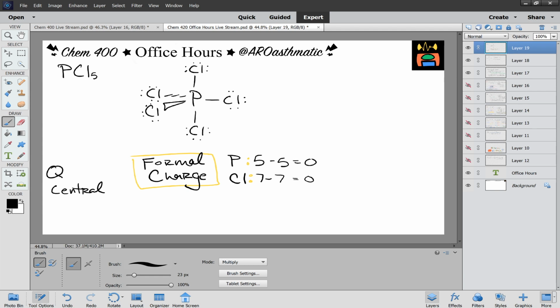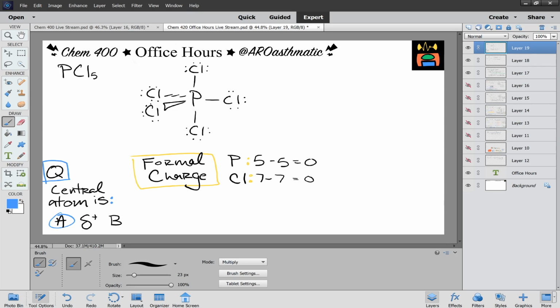In this question, they're saying the central atom is, A, a partial positive, delta plus.